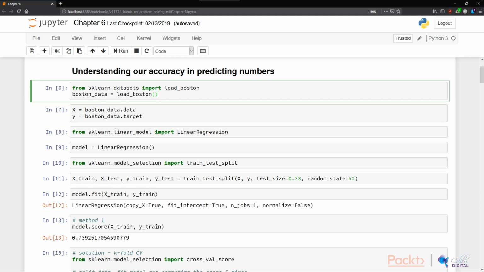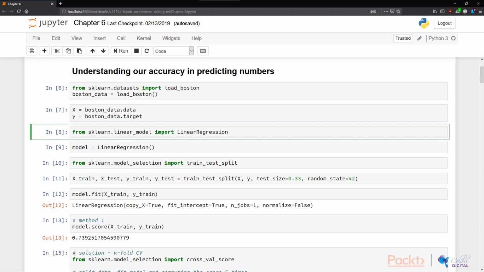And we call the load_boston function to get the data into boston_data, right? So after the data is in boston_data, what we can do is, in in7, split this data into its inputs parts and the output parts. So basically, uppercase X is our inputs, and lowercase y is our outputs, right? So very much like the convention.